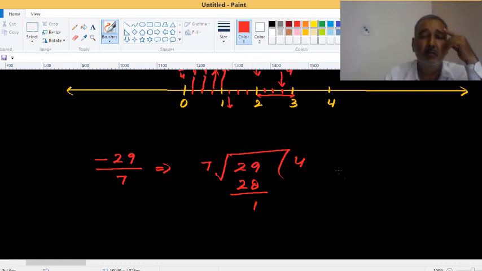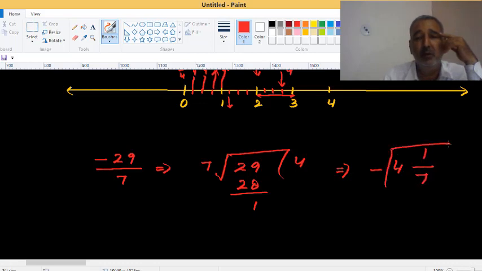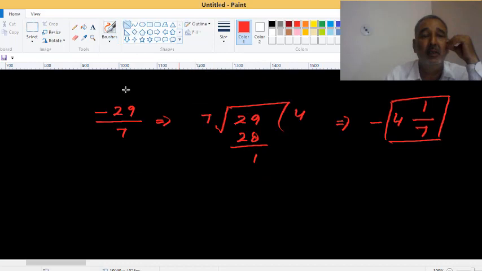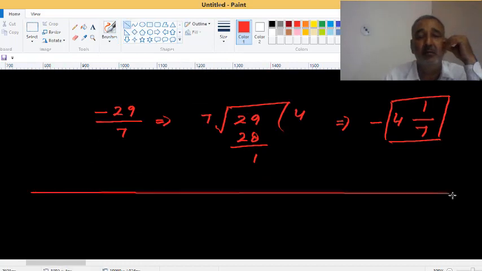Remainder is 1. You can represent this number as minus 4 and 1 upon 7. So obviously this total number is negative as a whole. So it must lie towards negative direction of 0, or to the left of 0.